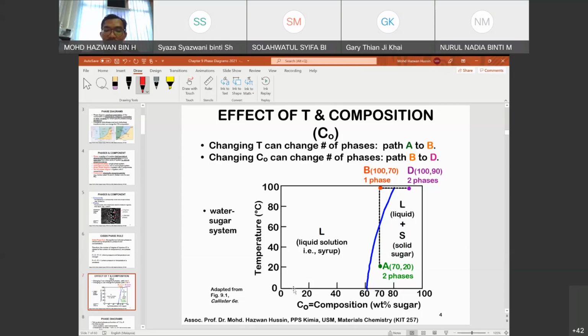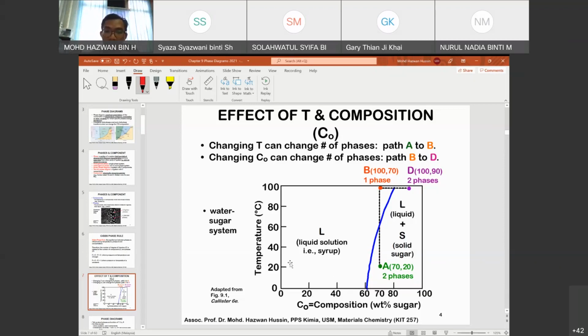You have different weight percents of sugar: 20, 40, 60, 70, 80, and 100. 100 means total sugar. As you increase the percent composition of sugar, the liquid solution will become thicker.